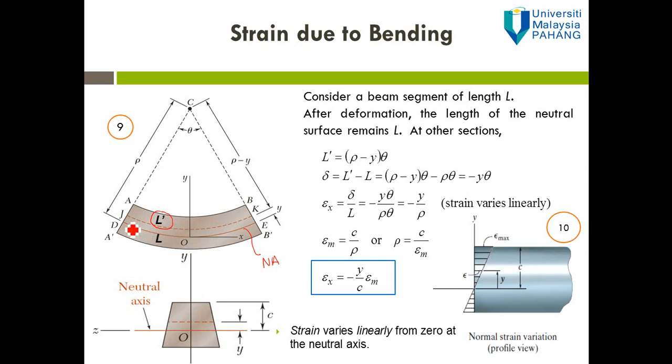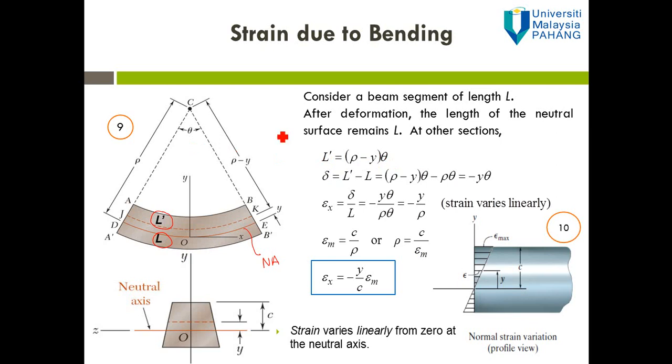The length of the beam at the neutral axis is represented by L. So we can write that L prime is equal to rho minus y times theta.